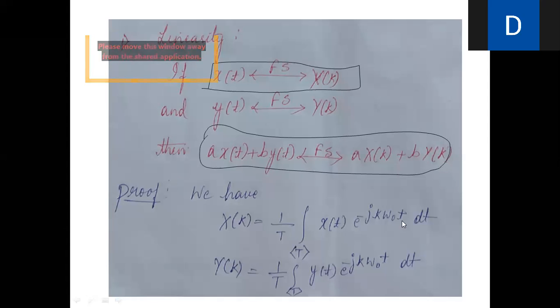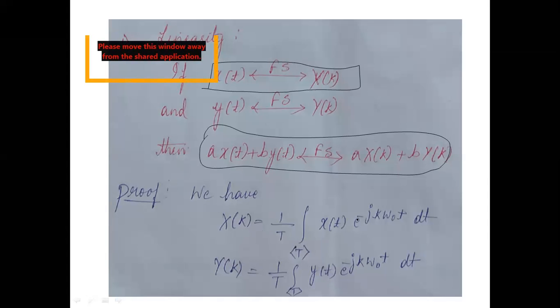It's very simple. Now you know the expression of the Fourier series coefficient. X of k is given by 1 over T integral, this indicates integral over one period, of x of t into e raised to minus j k omega naught t dt.